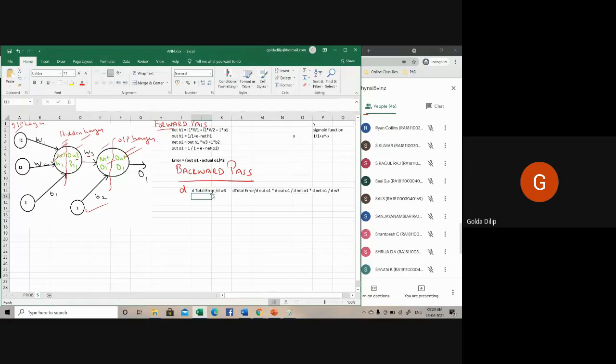Next is the differentiation of the total error with respect to my bias, B2.